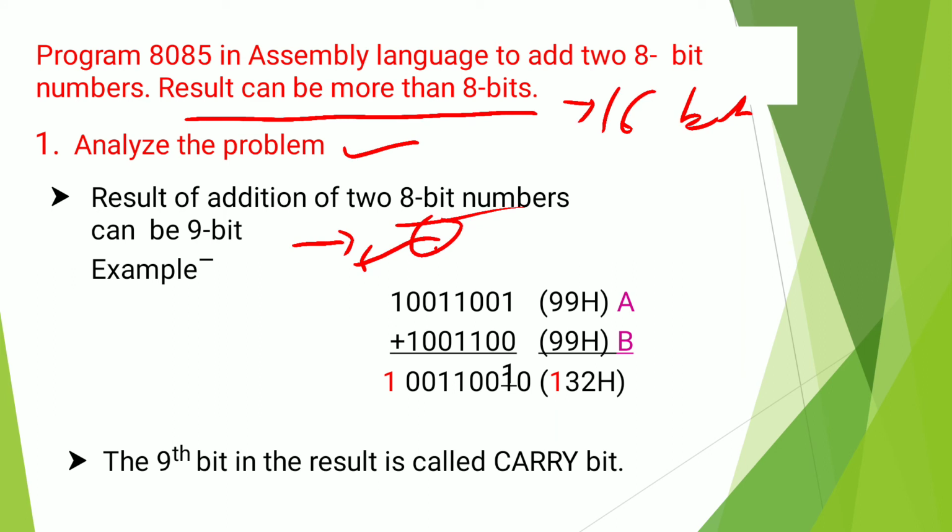So here I am taking the example 99 and 99, that is 1001 1001 and 1001 1001.